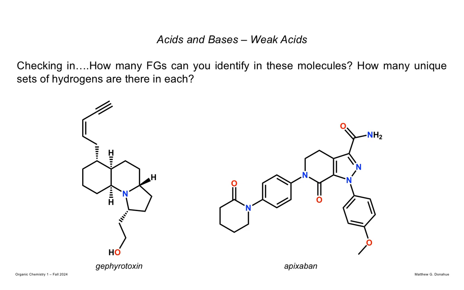And apixaban, drawing a blank on what it's used for, I think it's either low blood pressure or like smoking cessation. But the question to you is, knowing everything that you know, how many unique sets of hydrogen are there? And then if you were to treat these molecules with just one equivalent of a base, where would that base react?